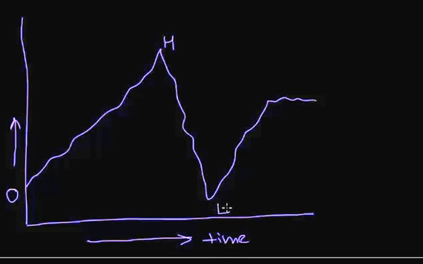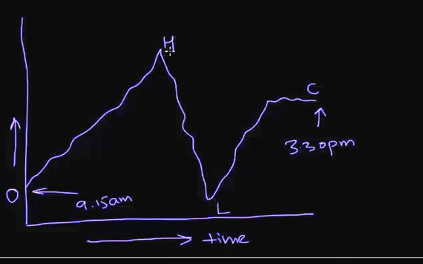The lowest price is called L, and the closing price is called as C. So this one here is the price at 9:15 a.m. in the morning when the stock market opens, and this is at 3:30 p.m. and this is obviously the lowest and the highest price.